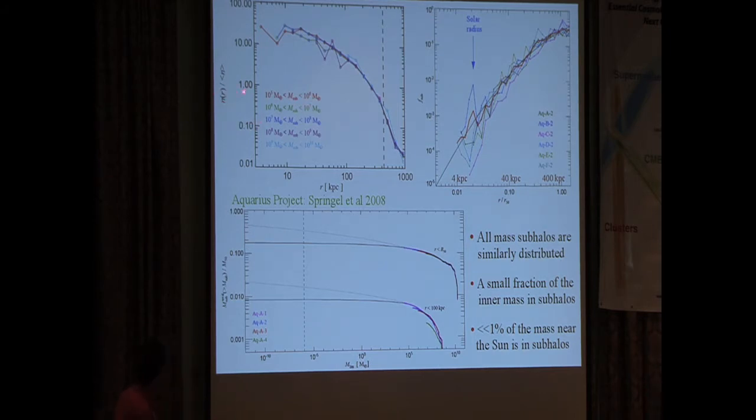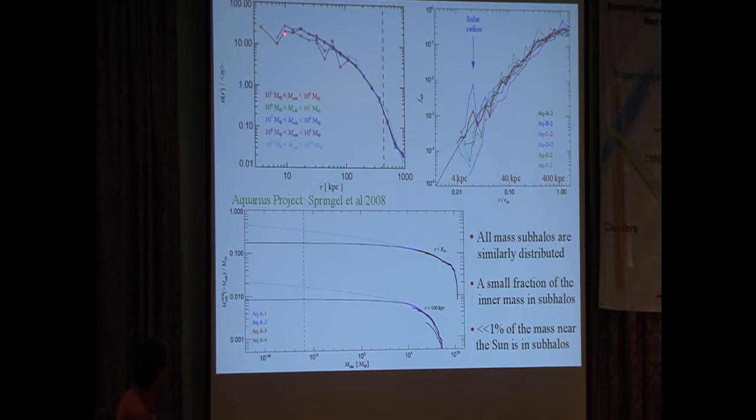What's plotted here is the number of small objects normalized to have an average of 1 over the whole region of the halo, and the nominal boundary we're taking here is at 400 kiloparsecs. So this is the number density of small objects as a function of radius inside the big object. As you go towards the center, the density of the small objects increases, but only rather slowly. Here at 10 kiloparsecs, it's only about 20 times higher than it is at the edge.